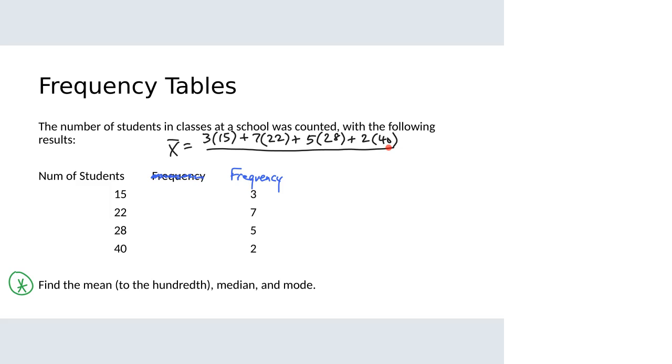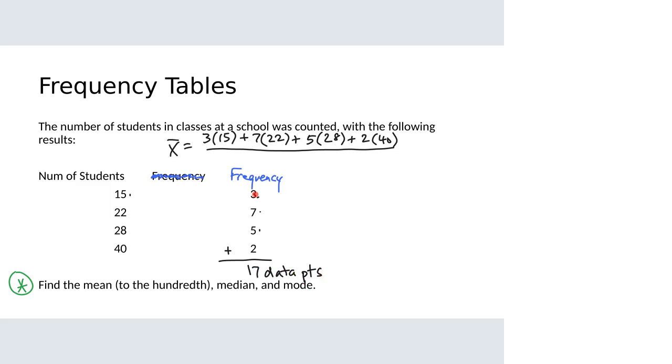Be a little bit careful here. There are only 4 unique data points, but there are more than 4 data points in this data set. If we want to know how many data points there are in this data set, we're going to add up those frequencies. 3 and 7 is 10, 15, 16. There are 17 data points.